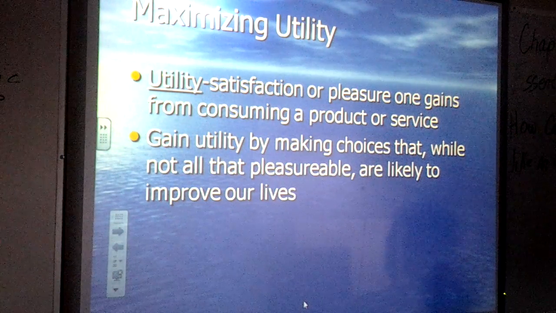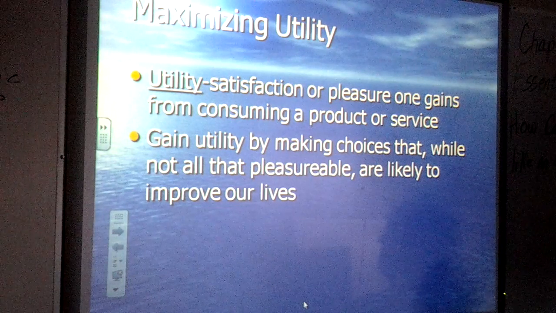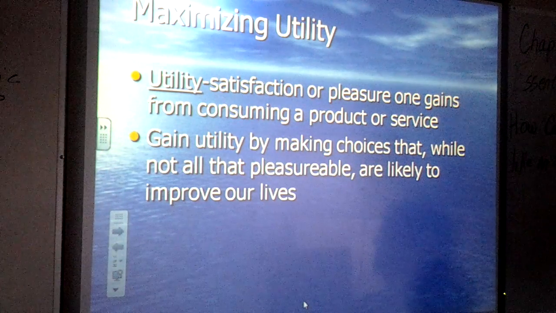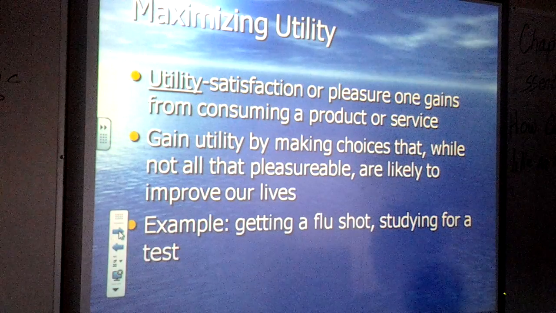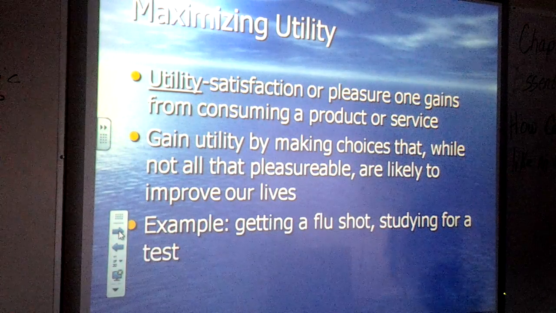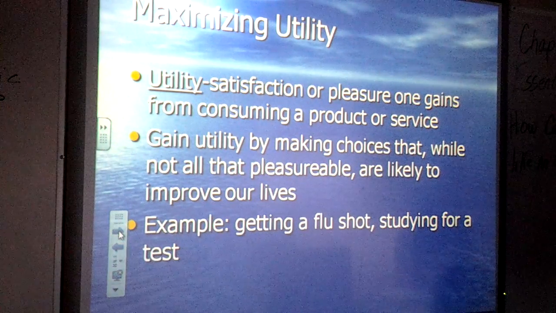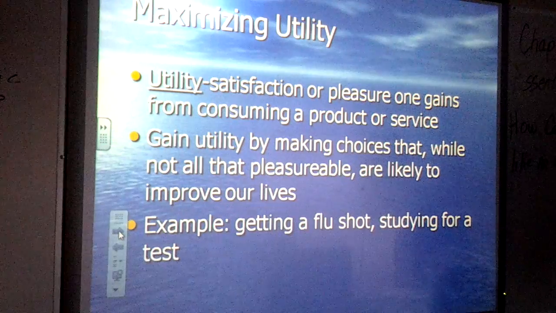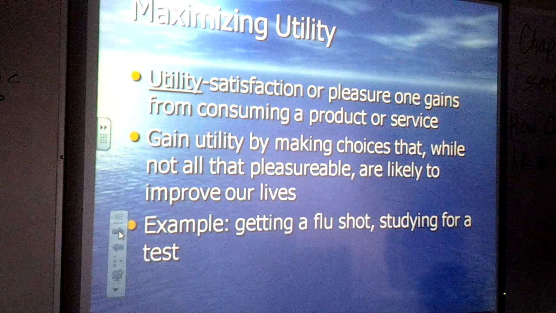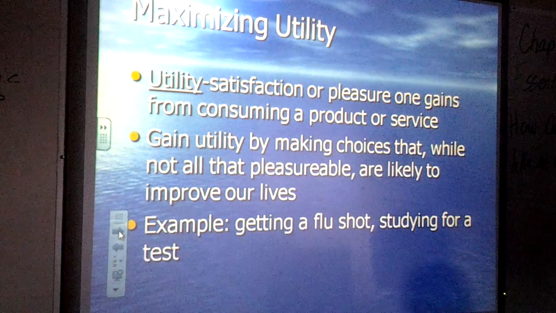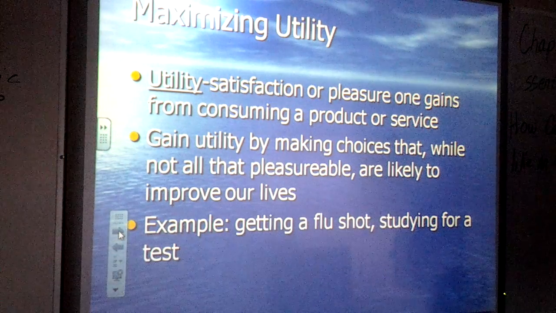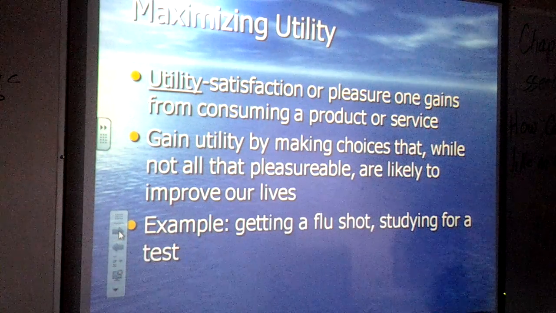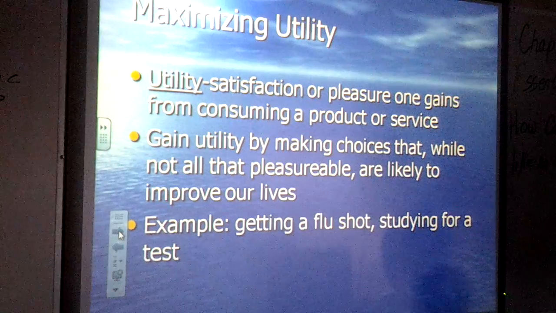So gaining utility is just making your life better, whether it's an easy choice or a difficult choice. Getting a flu shot might not be your first choice, but not getting the flu definitely makes your life better. Or studying for a test, you get a better grade on there.